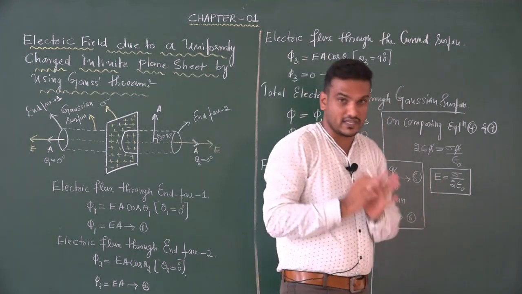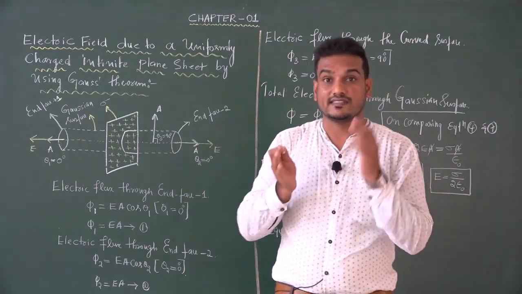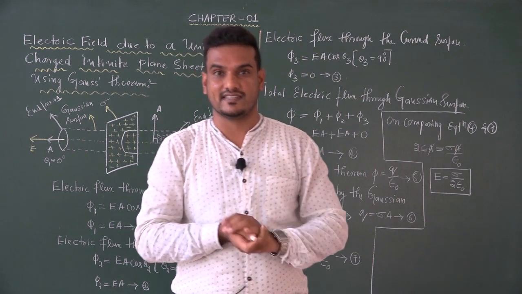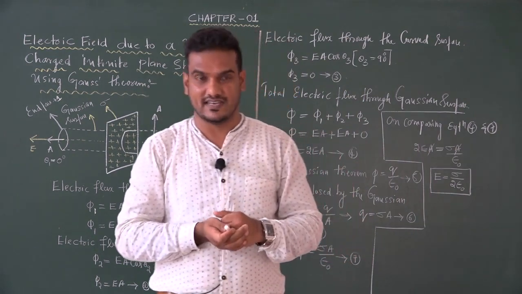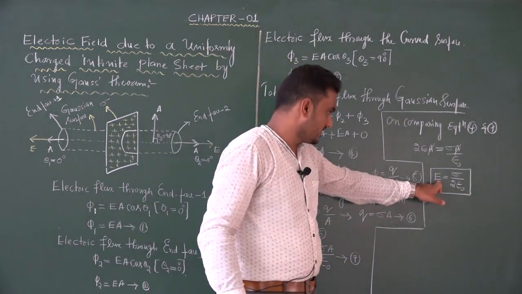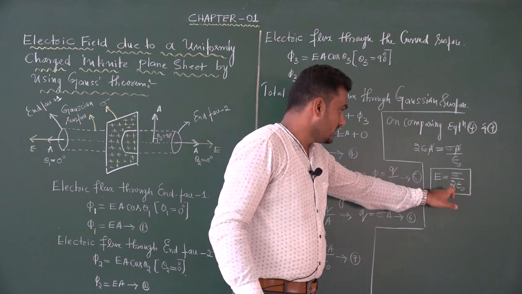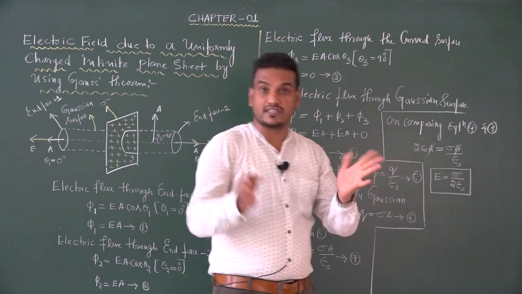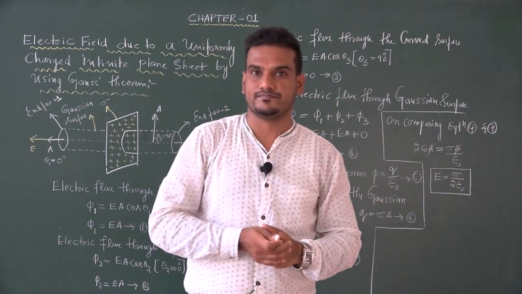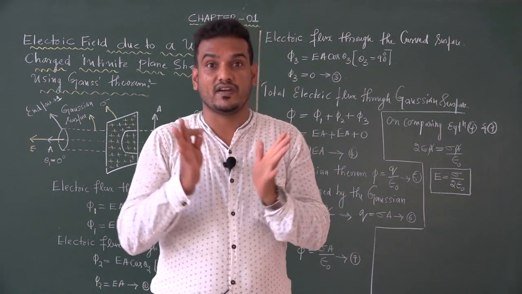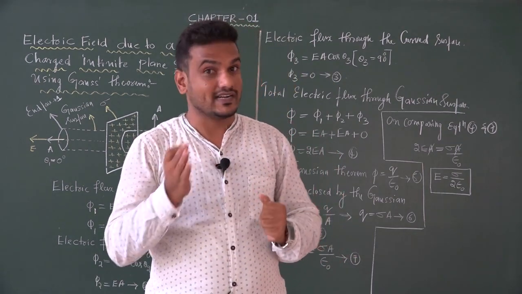One more thing you can notice: it is independent of distance, it does not depend on the distance. Look at the final equation, E is equal to sigma divided by 2 into epsilon naught. There is no r, there is no distance.